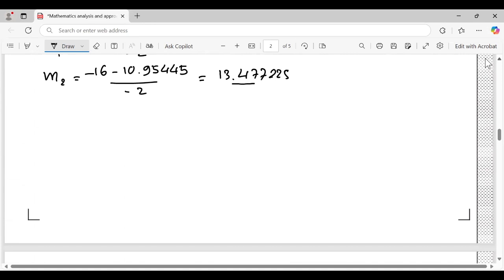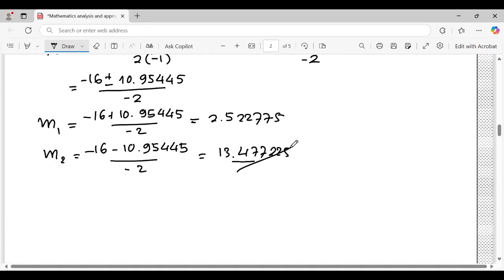It means we cancel this median and we use the other one. So the median equals 2.522775, or about 2.5.